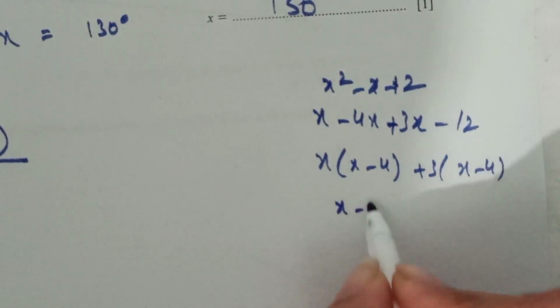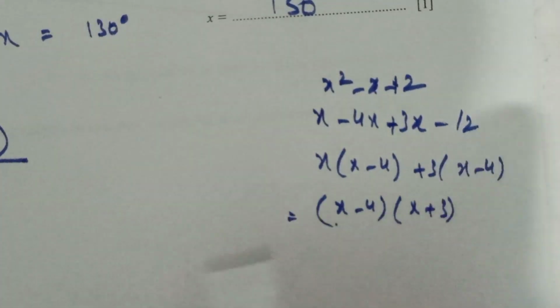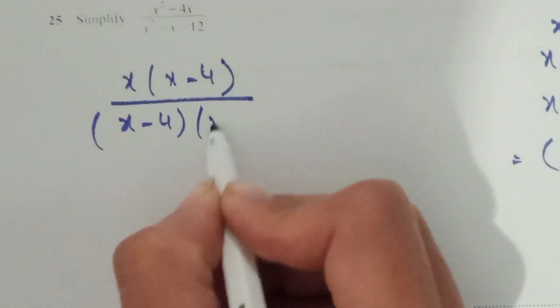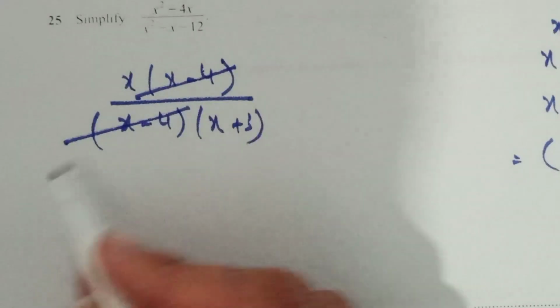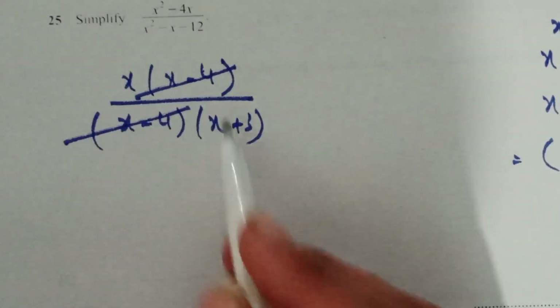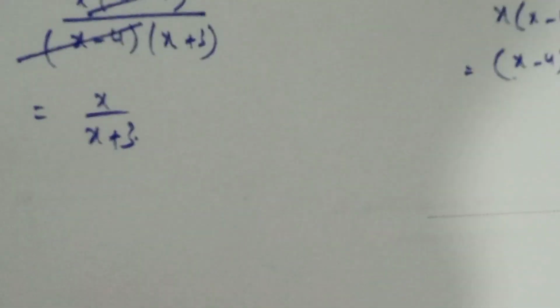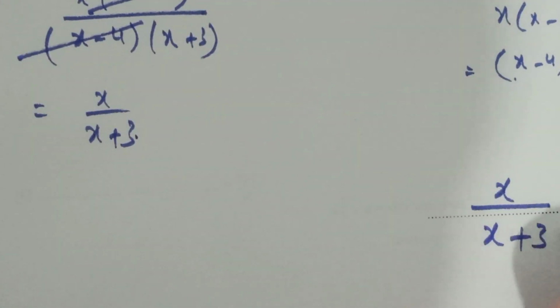The both are common, x minus 4 and x plus 3. That is the common factors, x minus 4 and x plus 3. We have to divide it. When these values are cancelled, the value is x plus 3. That is the answer of question number 25. Now it's solved.